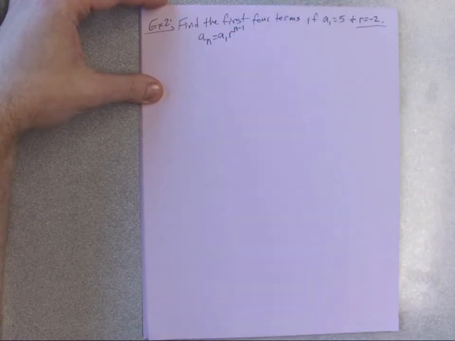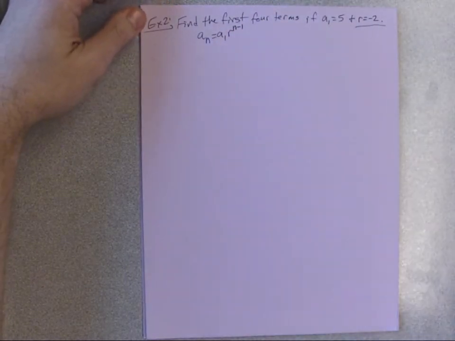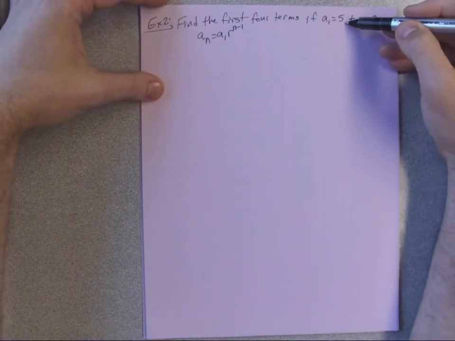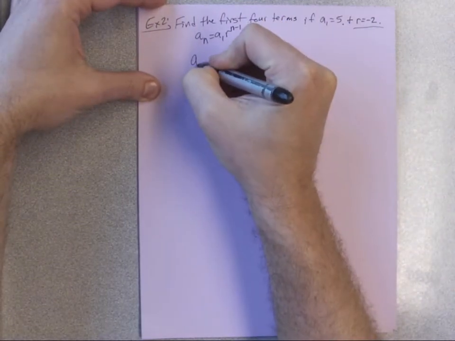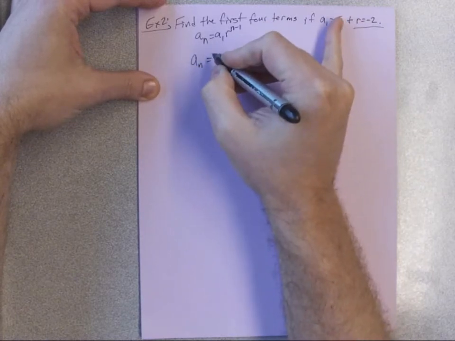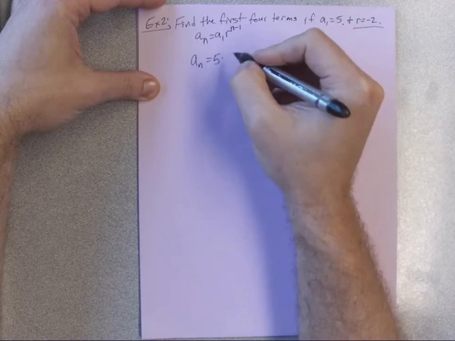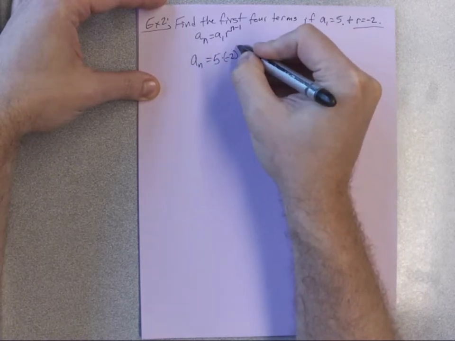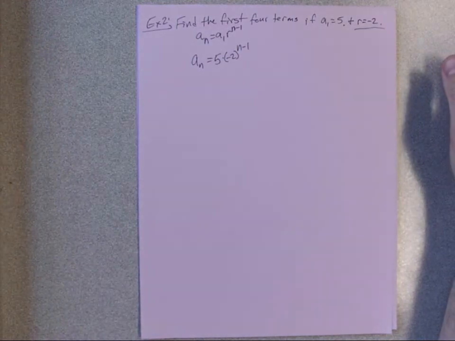Alright, and then let's plug in the things that we know. We know a1 and we know r. They're just given to us. So a sub n is equal to a1, which is 5, times r, which is -2, raised to the n minus 1 power. So there's our formula.